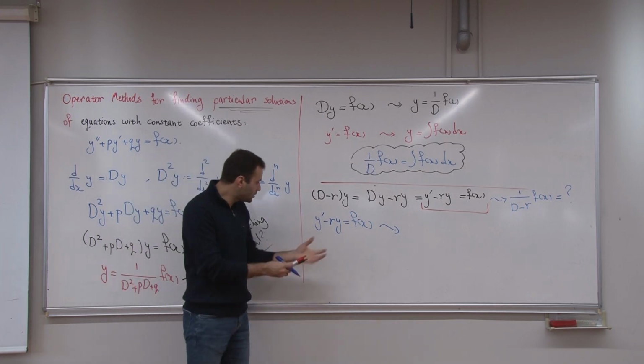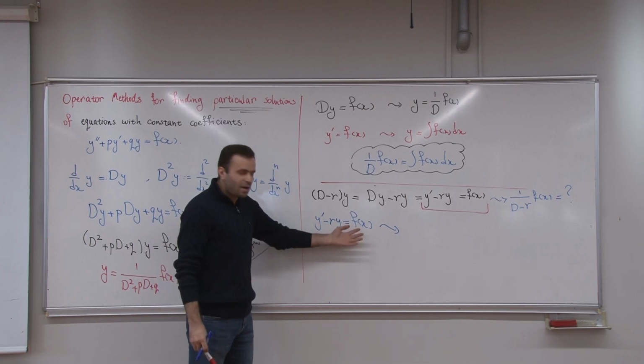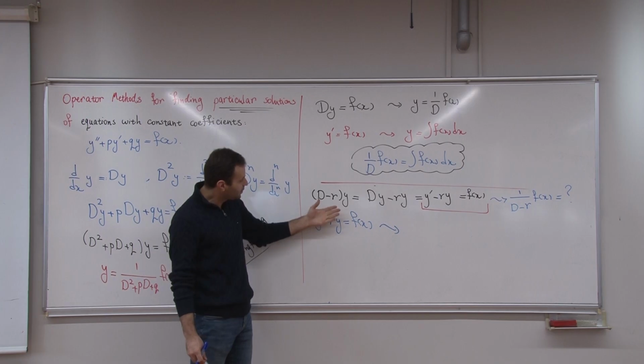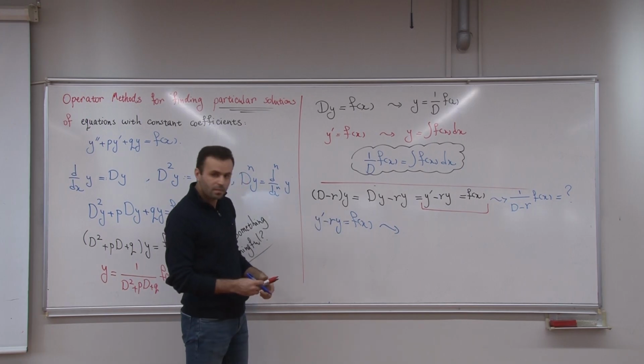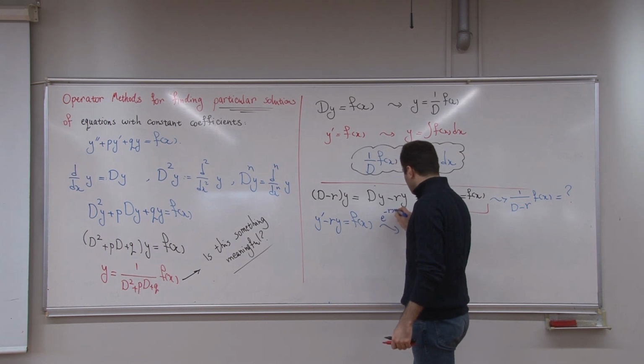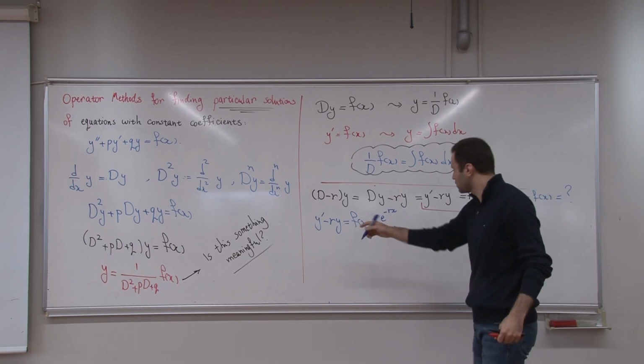I need to multiply it with something such that I can make this into the derivative of a multiplication of two functions. And here my choice is e to the power of minus rx. We have talked about this in the first order differential equations, you will remember it.